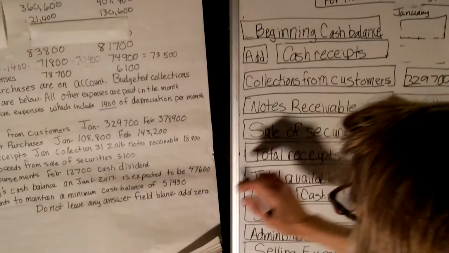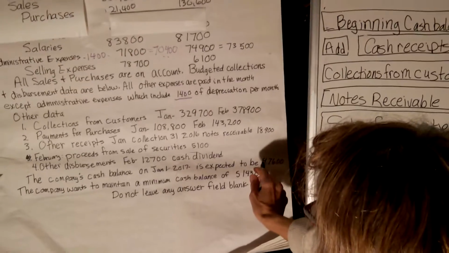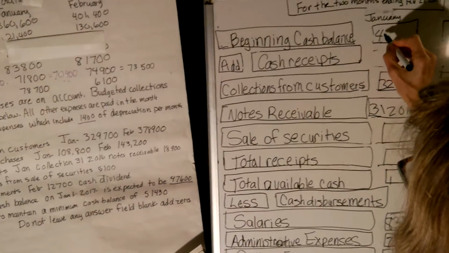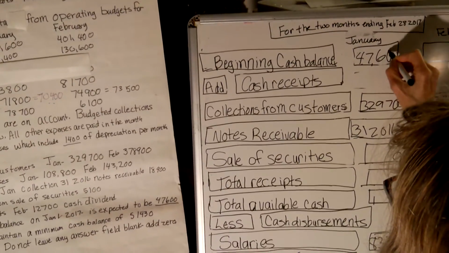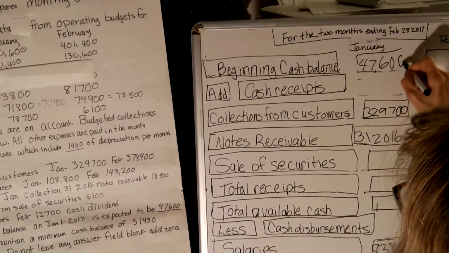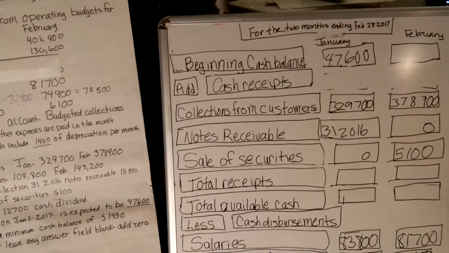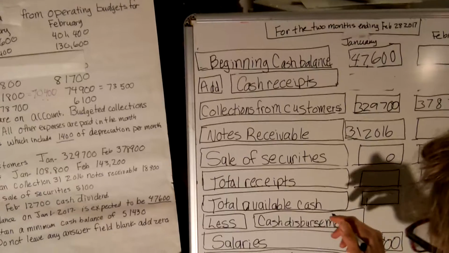And then right here it says 47,600 is going to be our beginning cash balance. We don't have the beginning on February because that's going to be the ending balance down here.